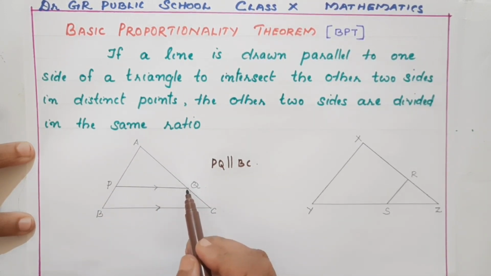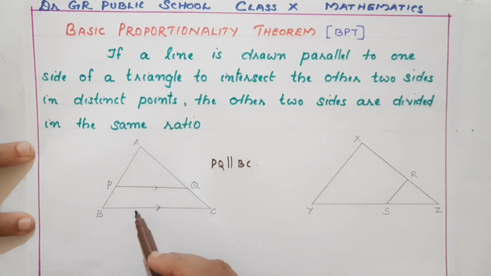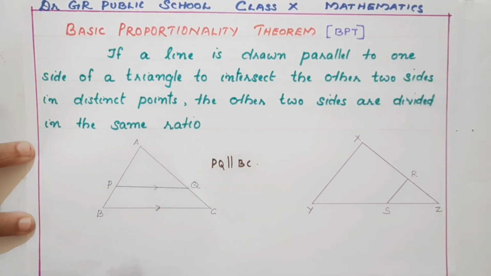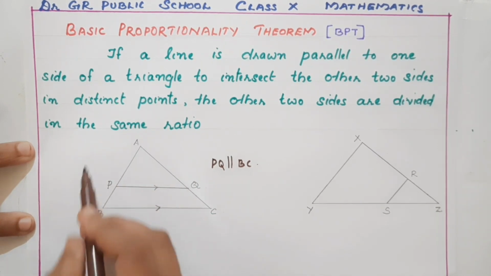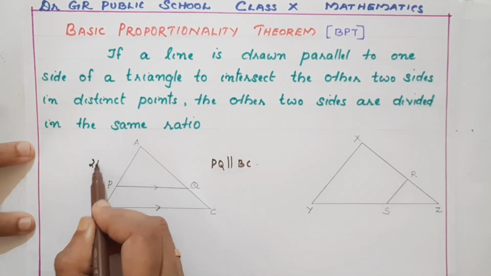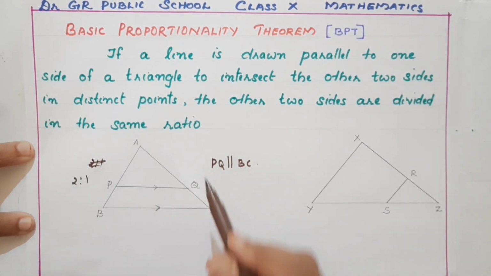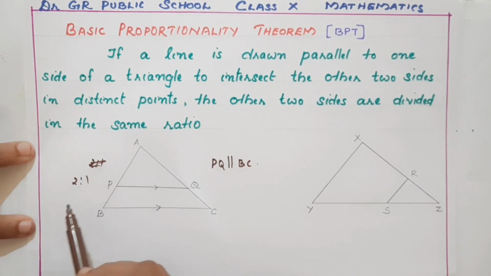At point Q, AC is also divided into two parts. So the theorem says if these two lines are parallel, their side ratios are equal. If AB is divided in the ratio 2:1, then AQ will also be in the same ratio 2:1. So that is the theorem.